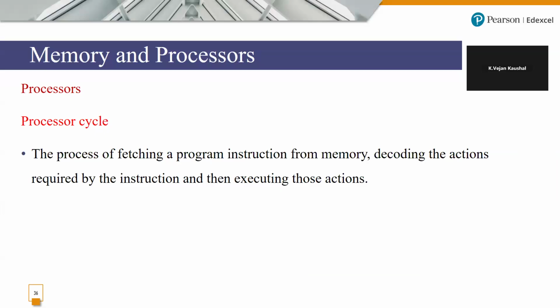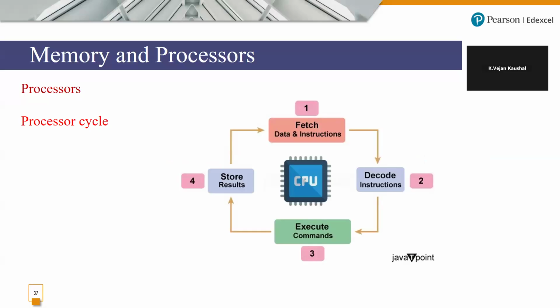Then they need to decode the action they recorded. Then that instruction is executed. That's the fetch-execution cycle. It happens in the processor. In your syllabus, we call it the fetch and execution cycle.